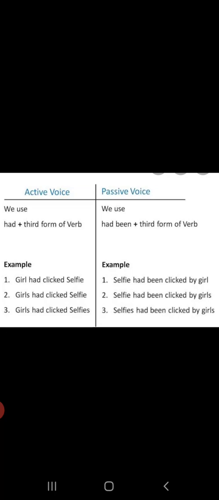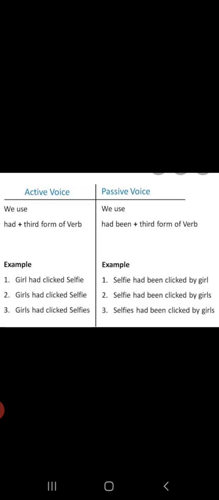The girl had clicked a selfie. Okay, so here what is the subject? The subject is girl, and what is the object? The object is selfie. So very first we will interchange the position. Selfie will come in the place of subject and girl will go in the place of object, and before the object we have used by in the passive voice.